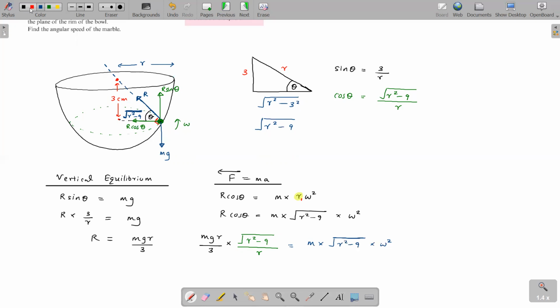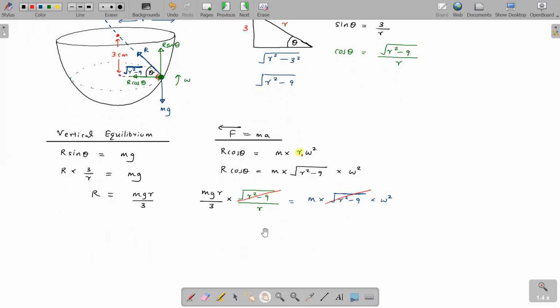So you can clearly see root r square minus 9 will cancel out on both sides, because it can come down as a division, it cancels out immediately. Even m cancels out. And then you can see what's remaining. Even the r cancels out here.